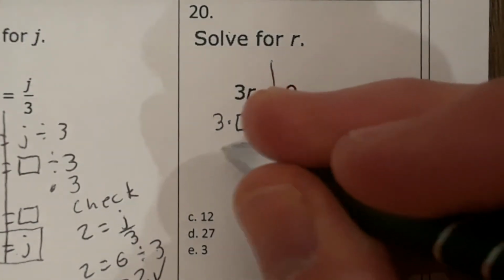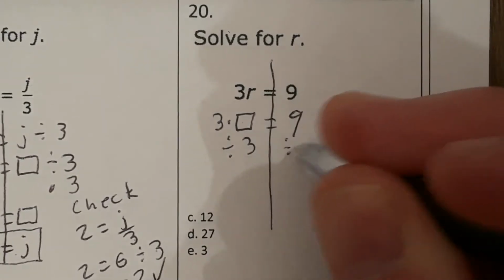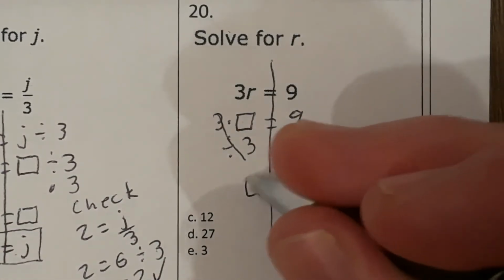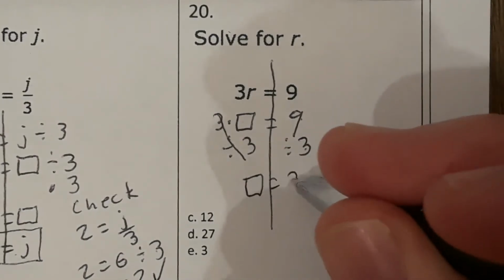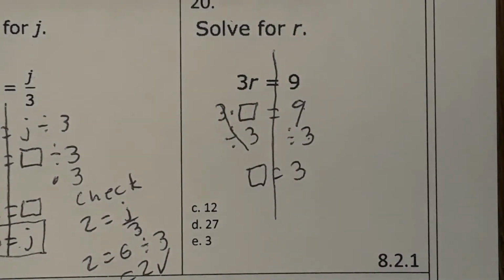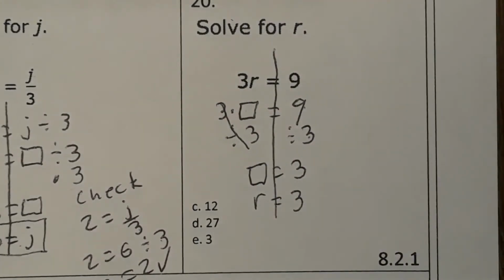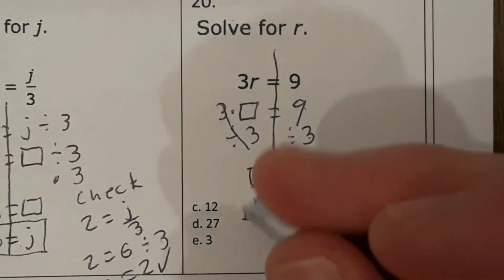Opposite of multiplying by 3 is divide by 3. Divide by 3. 3s cancel out. Box comes down. Equals 9 divided by 3 is 3. But the box represented R. Wow. I think you got that one right. So R equals 3.